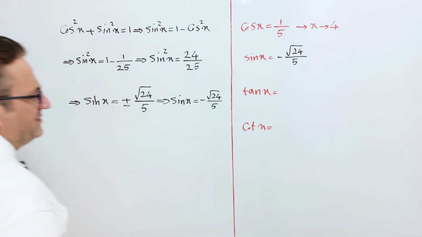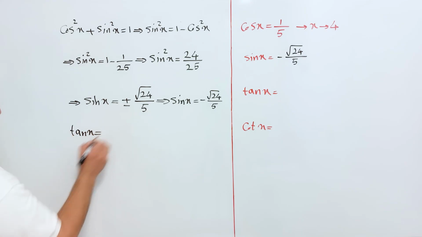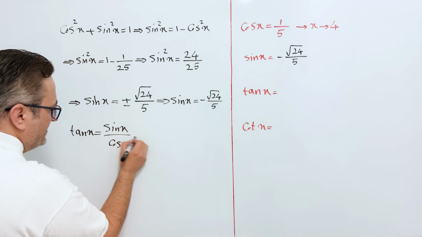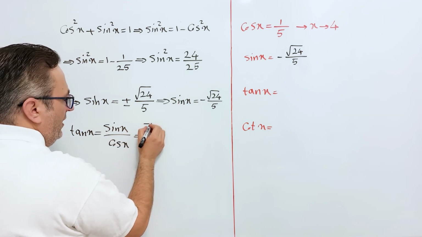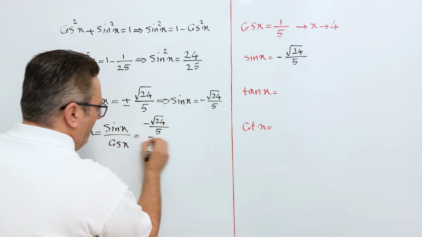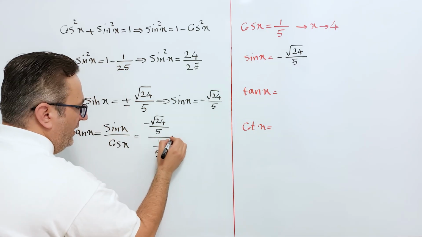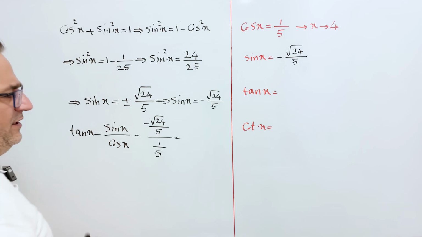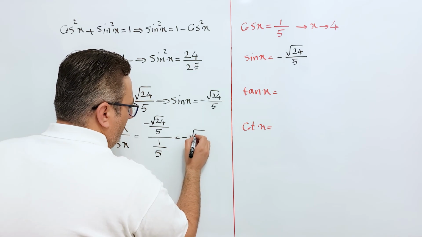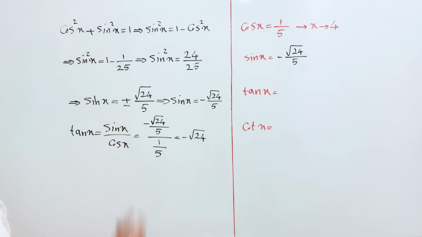Okay, let's go to tangent x. We know that tangent x is equal to sine x divided by cosine x. Sine x is equal to minus the square root of 24 divided by 5, and cosine x is equal to 1 over 5. The 5s cancel out, and we have minus the square root of 24.